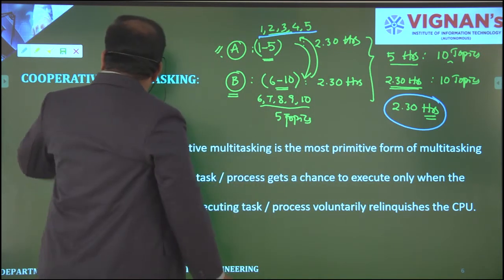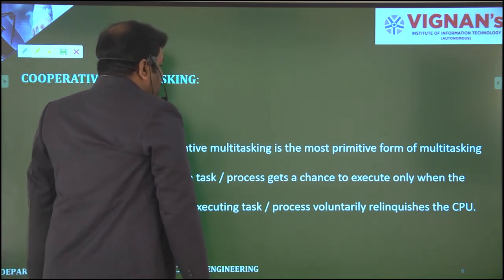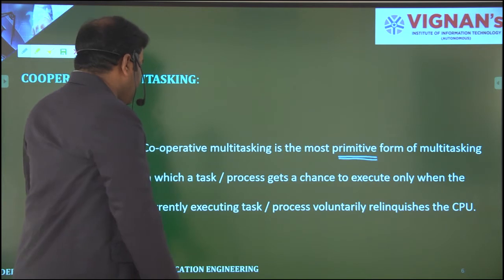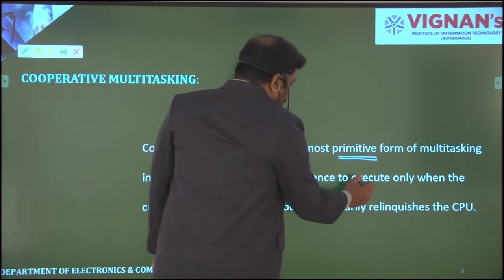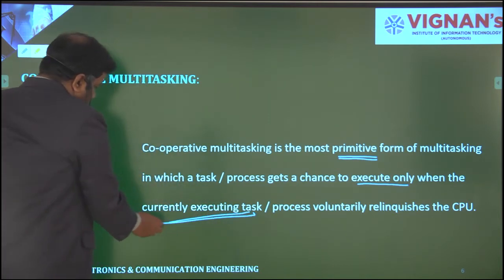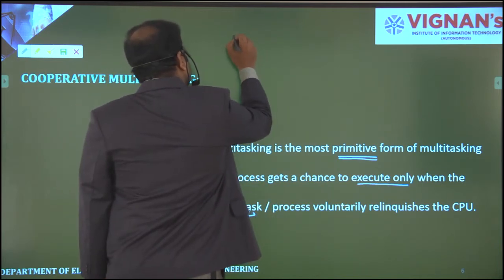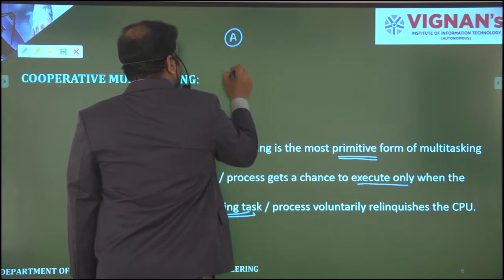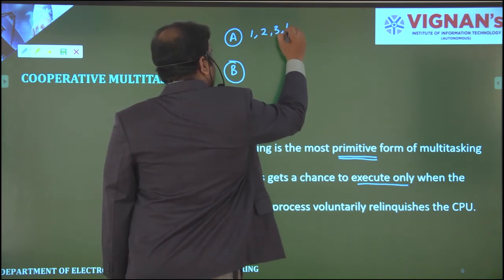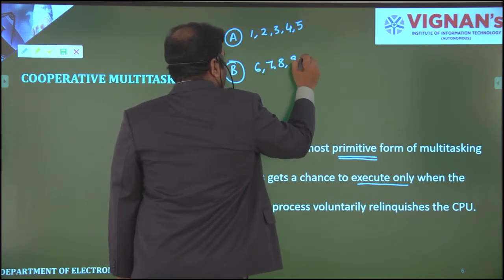That's exactly why we use cooperative multitasking. So it is a more primitive form of multitasking, right? A task executes only when the currently executing task voluntarily relinquishes the CPU. Means here we have two students, A and B. A will study 1, 2, 3, 4, 5, and B will study 6, 7, 8, 9 and 10.